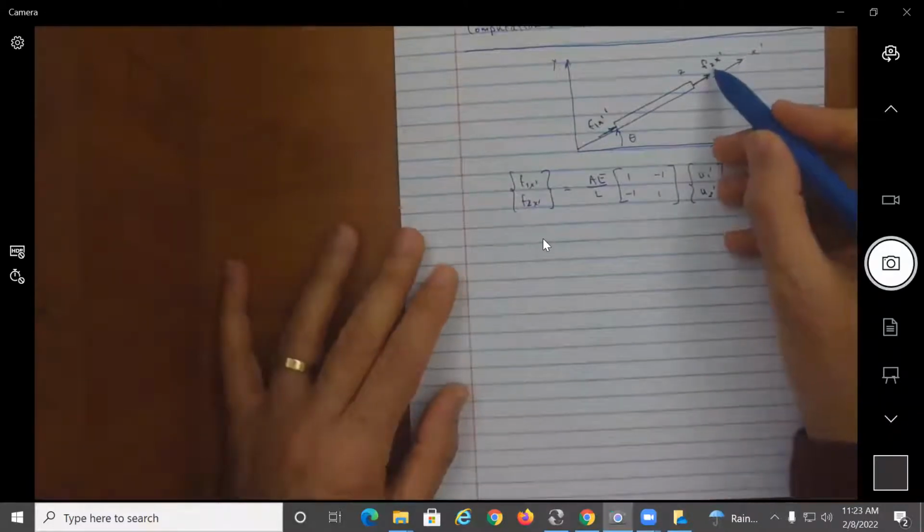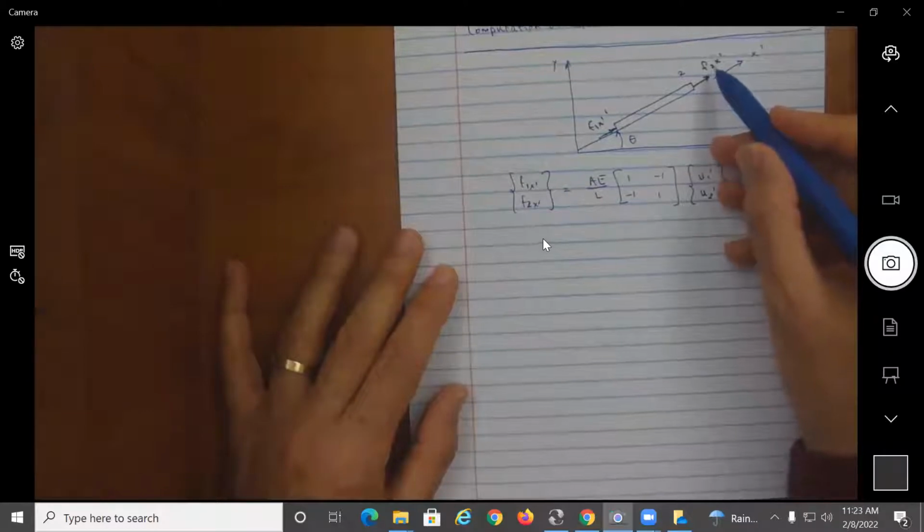Now, if I know F2x prime, I can use that to find the axial stress in the bar element.